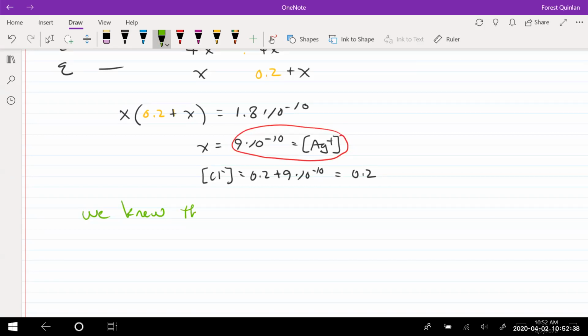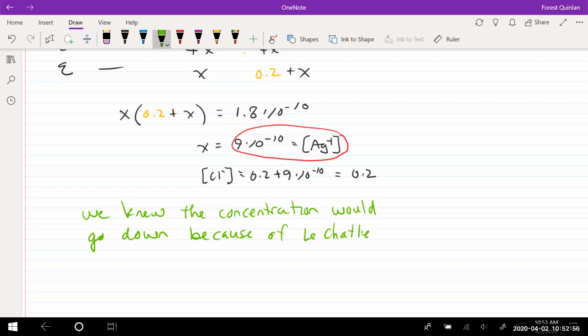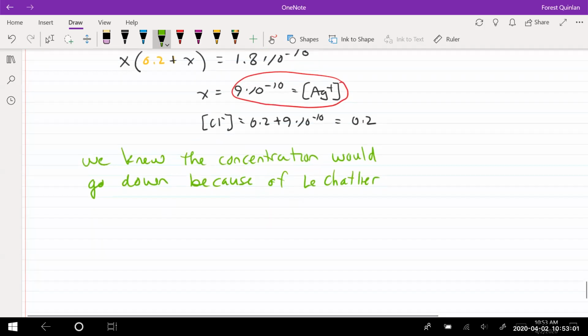We knew the concentration would go down because of Le Chatelier. Now all we're doing is quantifying it.